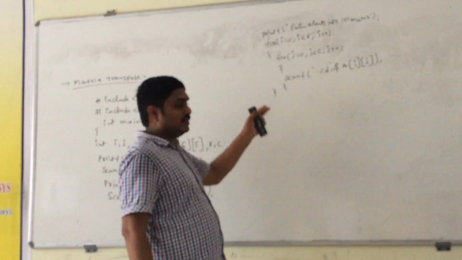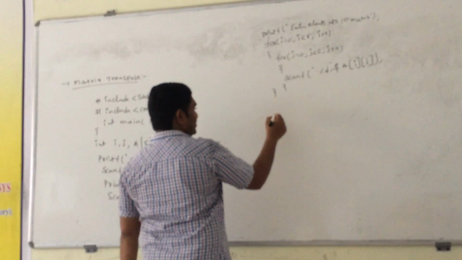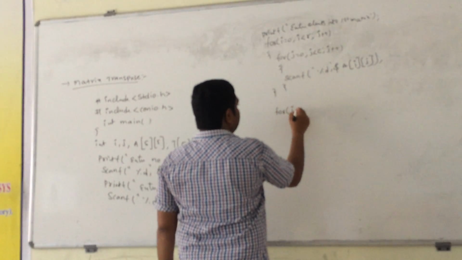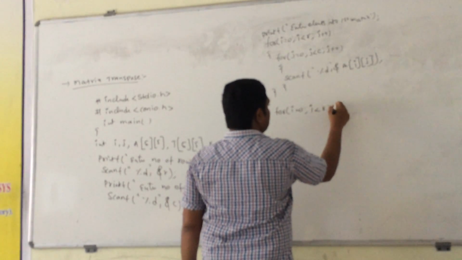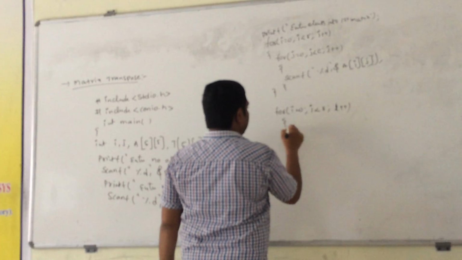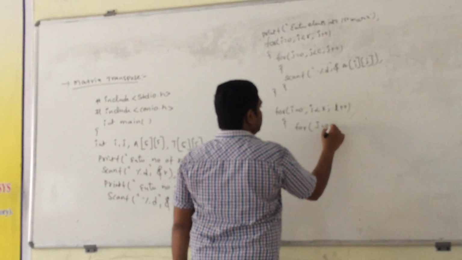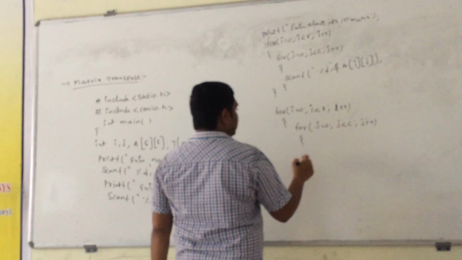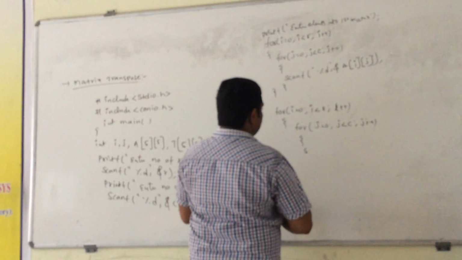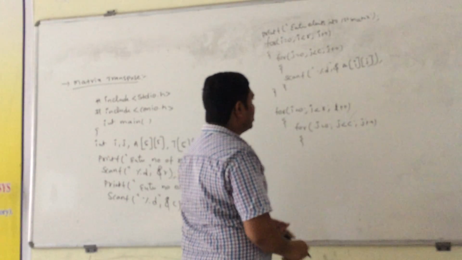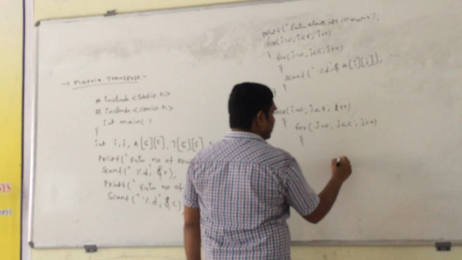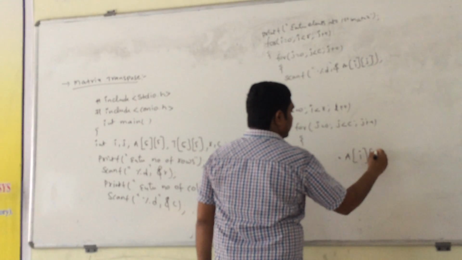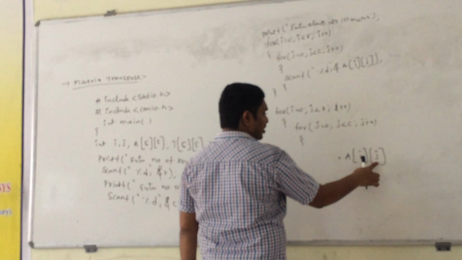After entering the values, we transpose the matrix. That means here also, for i equals 0, i less than rows, i plus plus, again for j equals 0, j less than columns, j plus plus. Here we perform the transpose. In the matrix there are rows and columns. i represents the rows and j represents the columns.